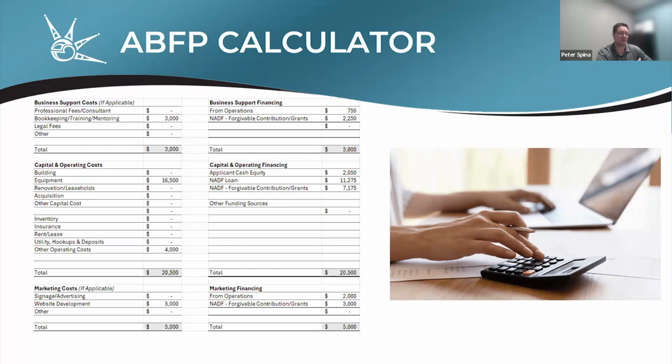And so we figured to supply it with applicants as well to help them out. So we're going to go through a quick example of costs associated with starting a business and determine how much would be covered for support for each section.